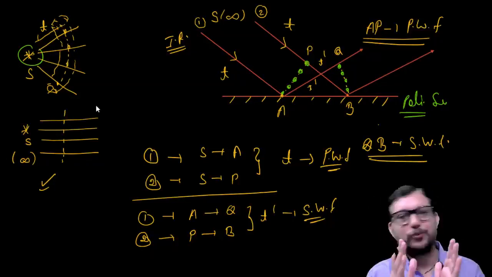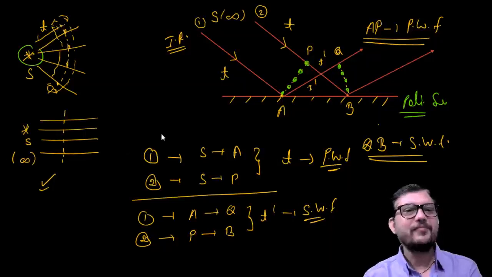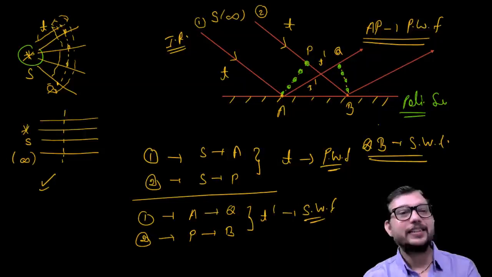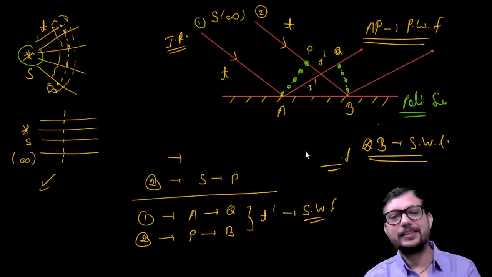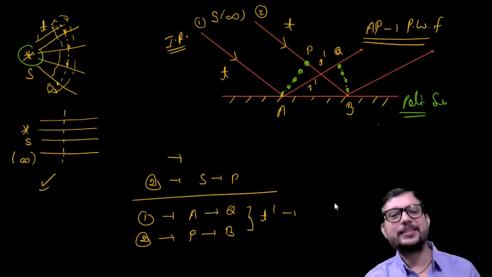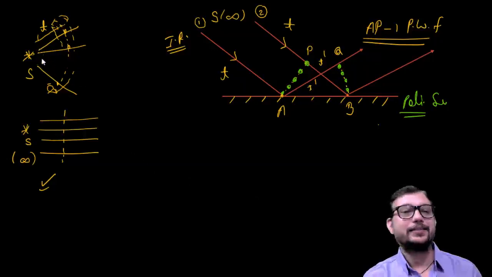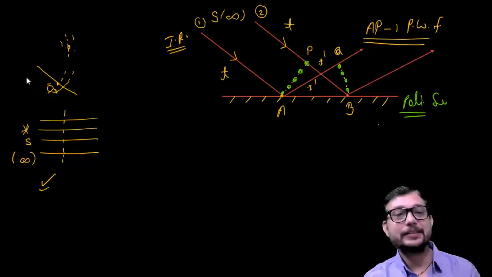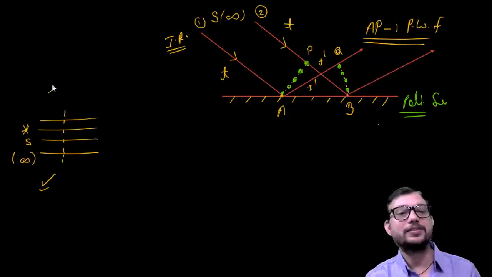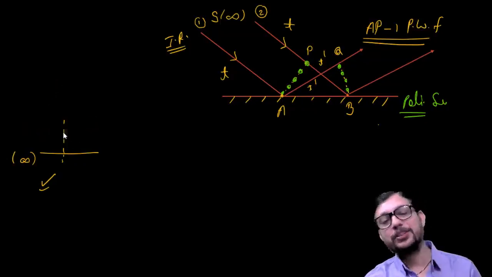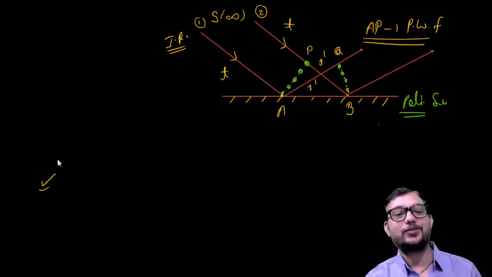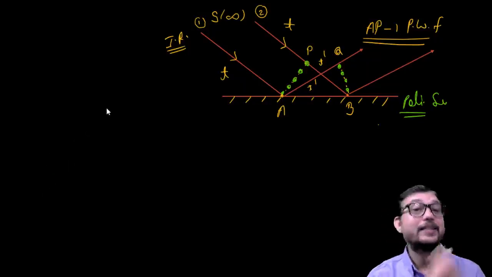I hope that up to here everything is clear to all of you. Now, firstly we will rough it, and then we will start the things we have discussed here. We have to prove the laws of reflection, which means the angle I must be equal to angle R. So where is angle I, and where is angle R?